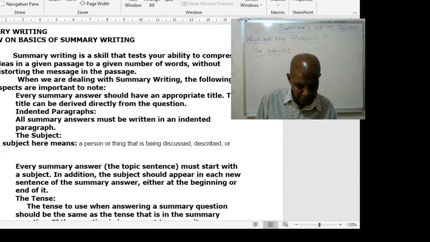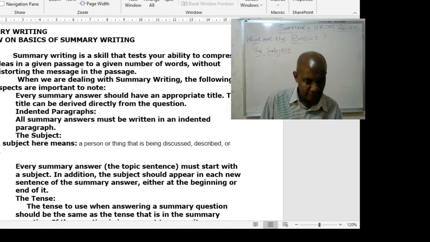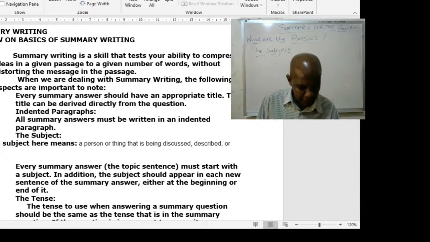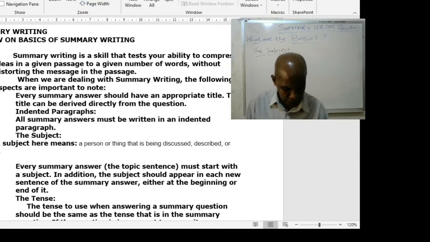If the question wants us to summarize reasons why children do not listen to their parents, we expect you to say something dealing with those reasons. Give us an idea of the main subject in your opening sentence, as we shall see in a demonstration later.